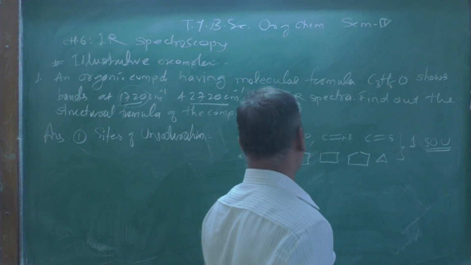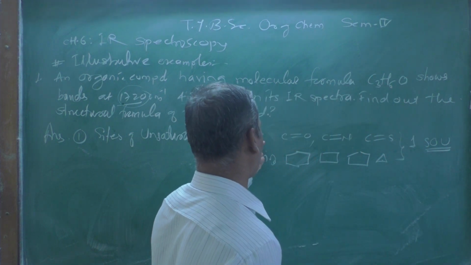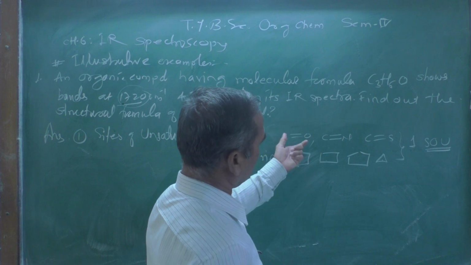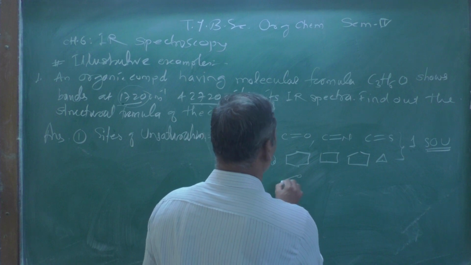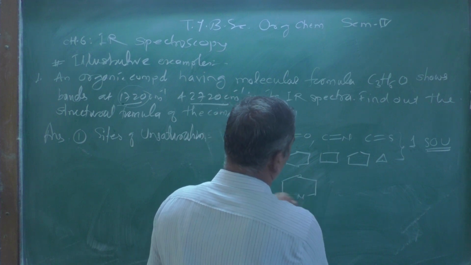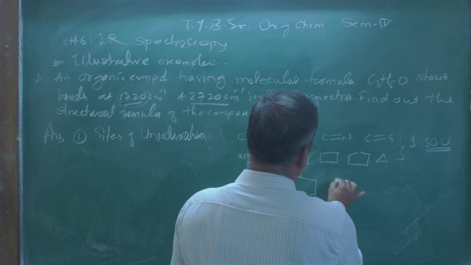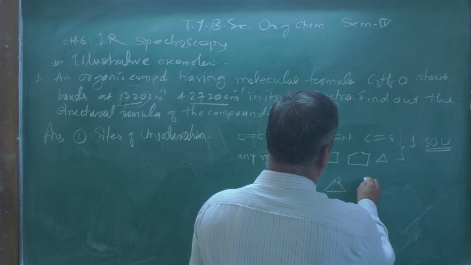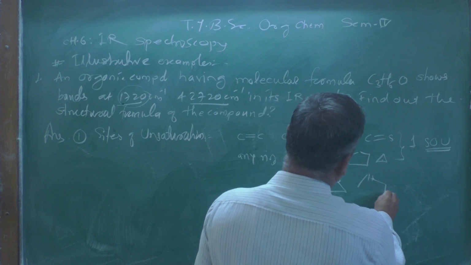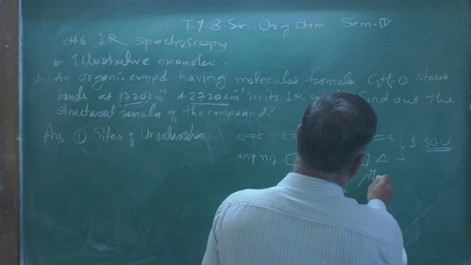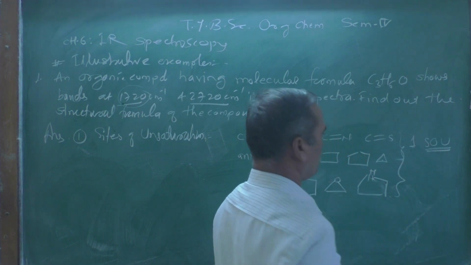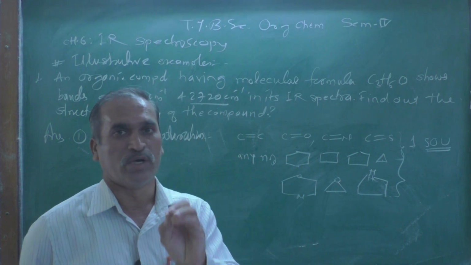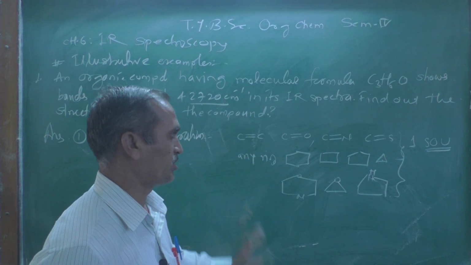Here, a site of unsaturation is a carbon-carbon double bond, a carbon-oxygen double bond, or a ring, any heterocyclic ring. This type of ring with NH, all exhibit one site of unsaturation.